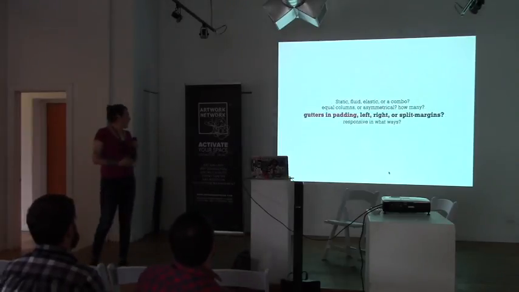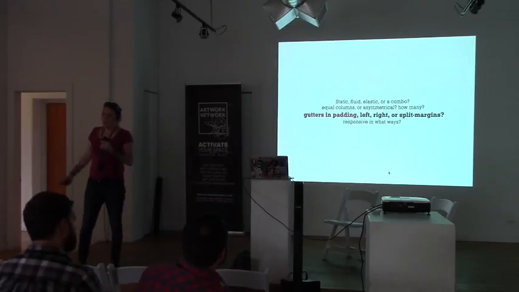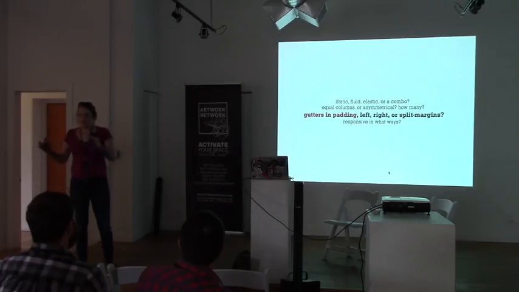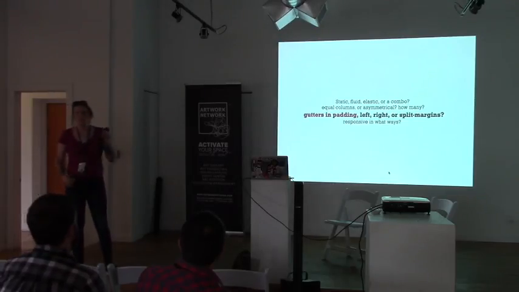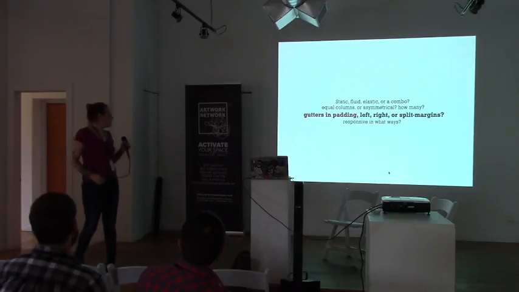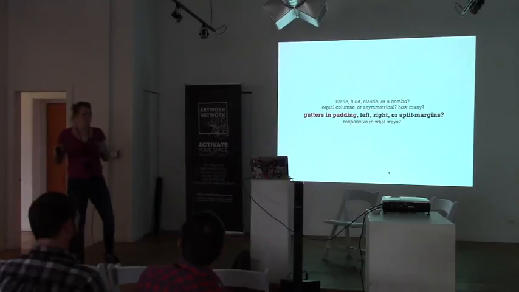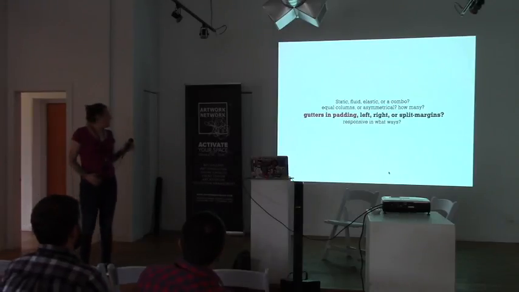Here are some of the questions you've got to answer in coming up with a grid system. Is it going to be static, set in pixels? Is it going to be fluid? This was before media queries, so responsive was not an option. Static, fluid, elastic, based on ems so the font size would change it, or some combination.